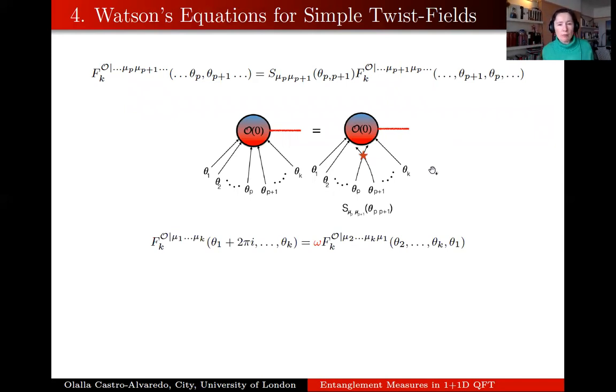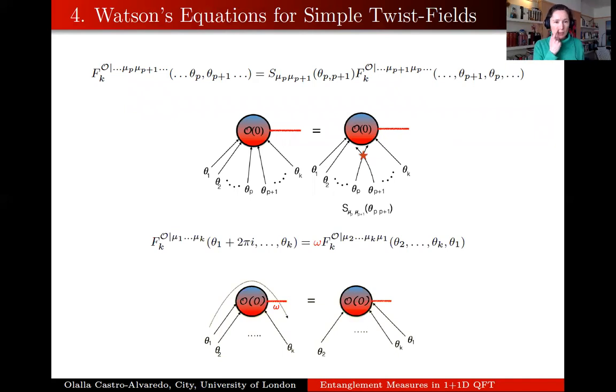On the other hand, the crossing property involves this index of semilocality for simple twist fields. And what this property represents is this process. It tells us that if we take a particle on a trip around the operator, it is forced to cross this branch cut. When I say particle, I can say the fundamental field creating this particle goes around the operator or field O. It crosses this branch cut, so we pick up this W and we bring θ1 to the end.